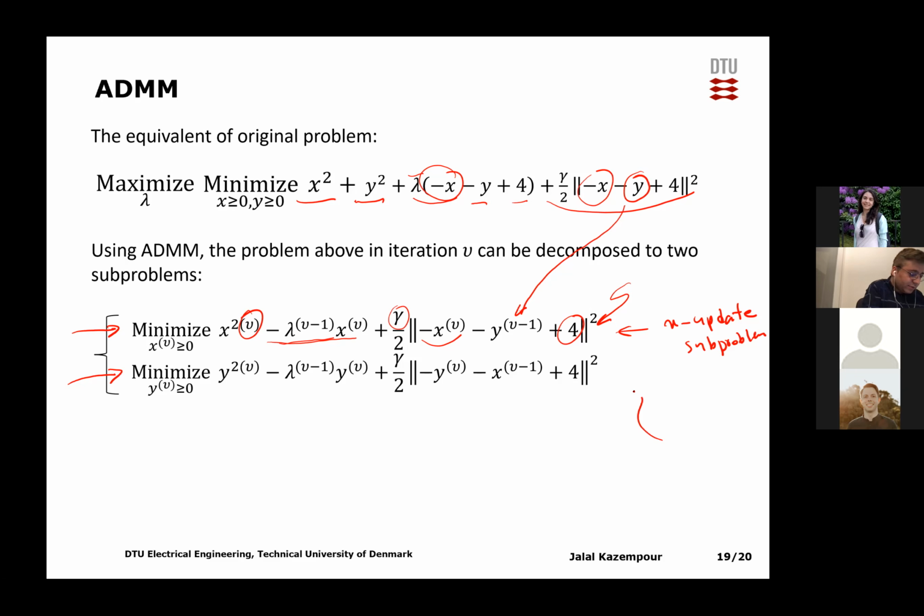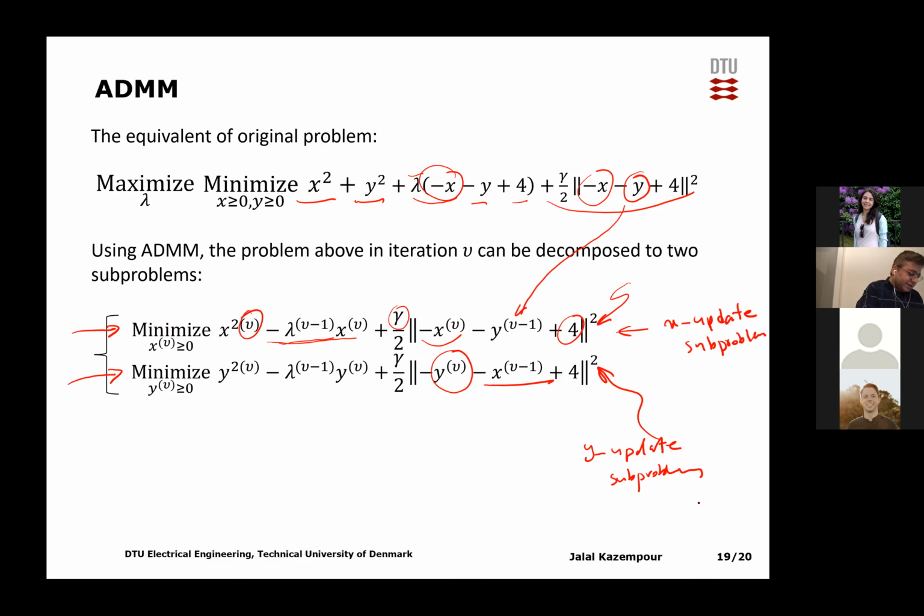And we do the same for y. So now in the y update problem, the y update subproblem, x is given while y is the variable. Is it clear how it works? Is it clear? Good.